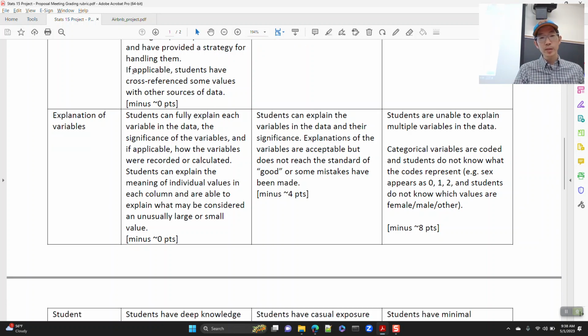And if it's something you can do, cross-reference your values with other sources of data. Perhaps you're looking at some kind of COVID data. There's a whole bunch of different websites out there, and you can check and see, at least, that maybe you don't get the exact same number, but they're within the vicinity of each other.